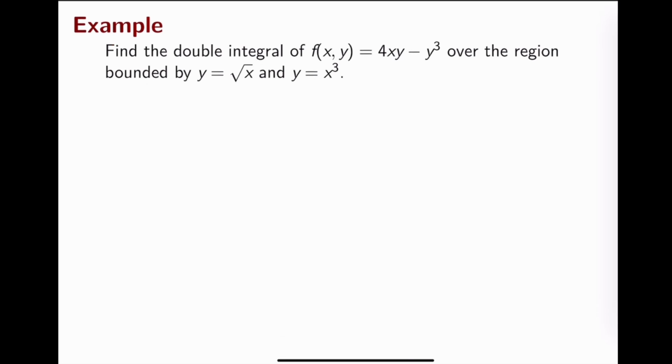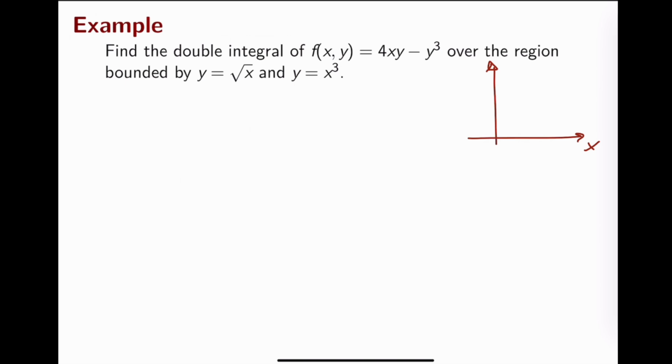let's calculate the double integral of this function over the region bounded by these two curves. The first thing that we need to do is to identify the curves. I mean, we need to graph this to have an idea of what the region is. So we write the two axes, and we're going to draw the two functions.